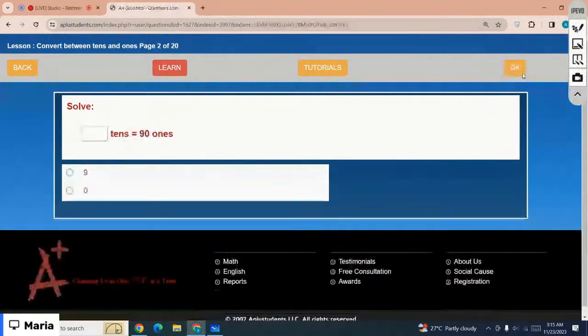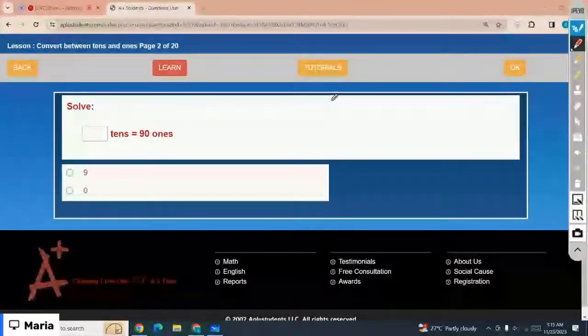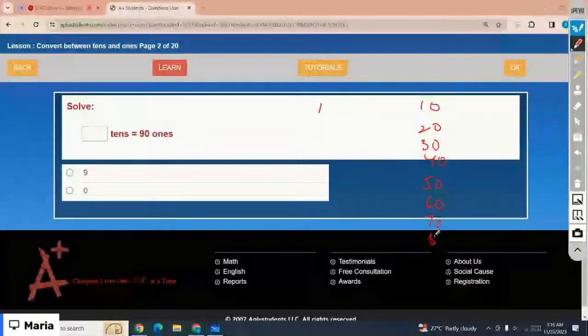Okay, 9 tens. So you have counting from 1 up till 90. How many tens do you have? When you have counting from 1 up to 90, you have 10, 20, 30, 40, 50, 60, 70, 80, and 90.